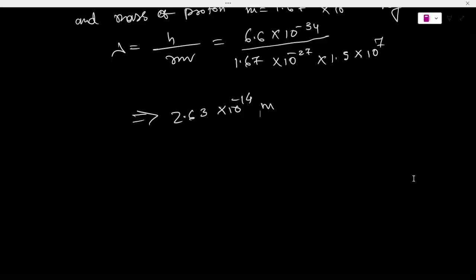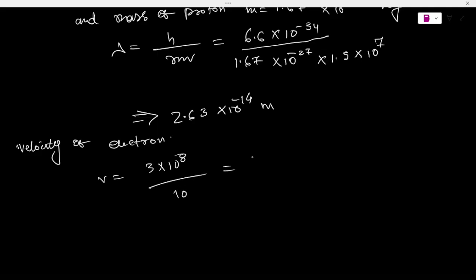For the velocity of electron, as per the question, v is equal to 3 into 10 to the power 8 divided by 10, so it will be around 3 into 10 to the power 7 meter per second.